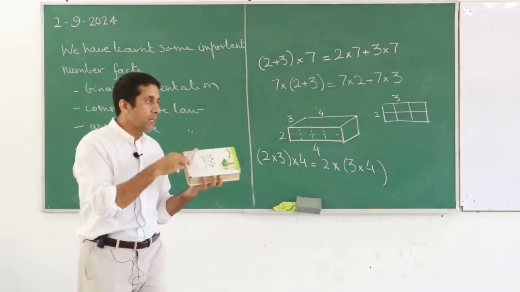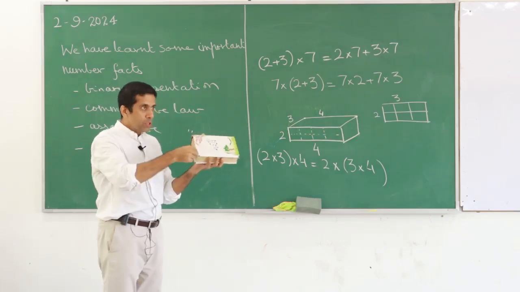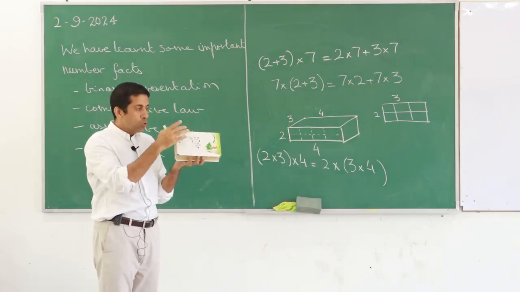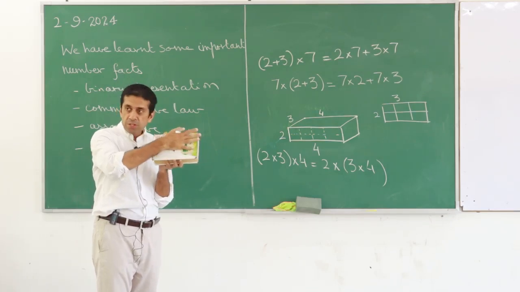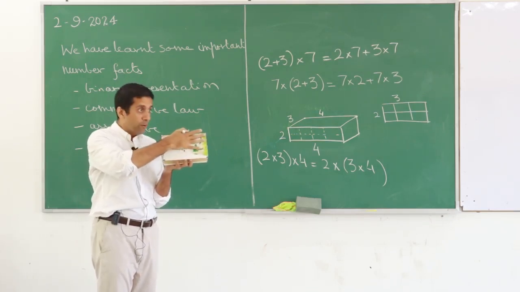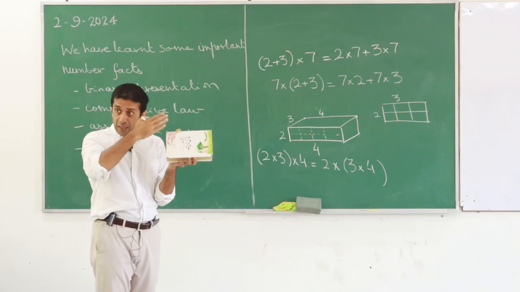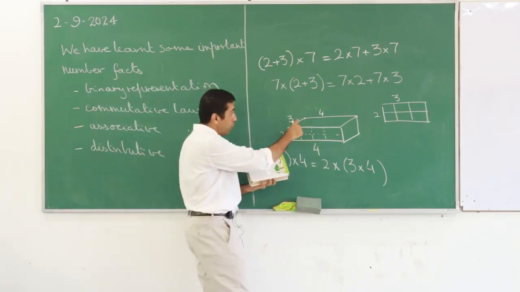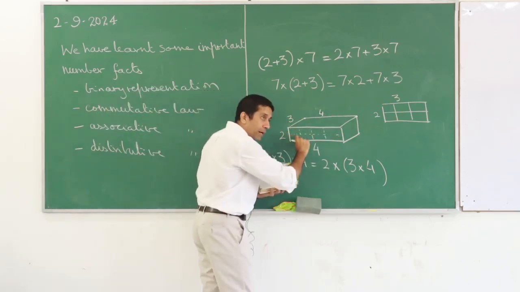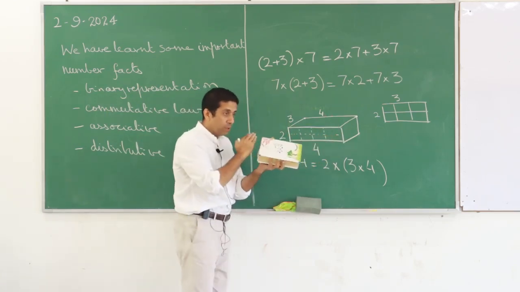So अगर आप इसकी top surface पे देखेंगे, So remember, this dimension is 4 and this dimension is 3. So how many cuboids are you going to see on this surface? 3 into 4, 12, right? And remember, there are 2 layers of these 12 because there is one layer on top and there is one layer at the bottom. Is this clear to everybody?